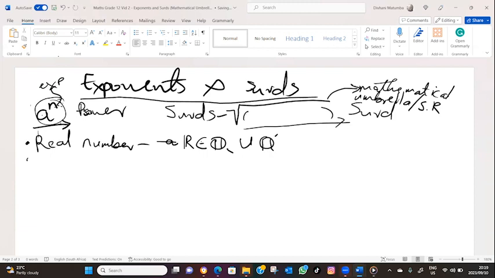Now, what are rational numbers? Rational numbers can be expressed in a form A over B, whereby B is not equal to 0. So the symbol for rational numbers, that's it.